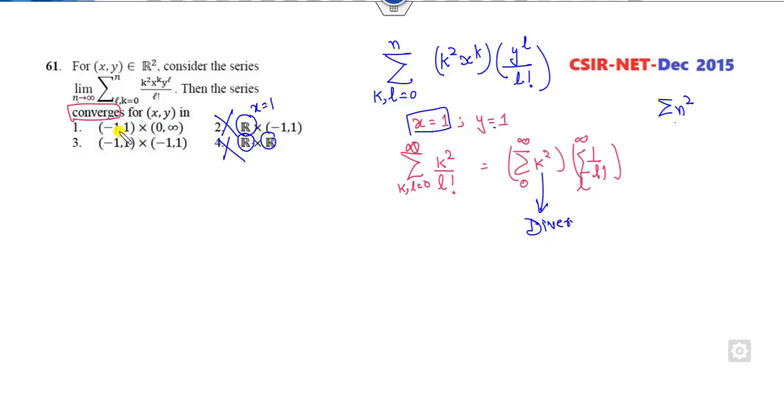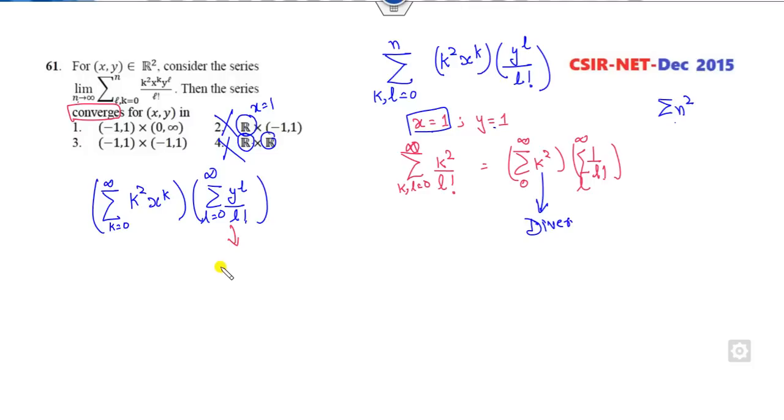Now look here. I can write this as k square x raised to power k separately, from k is equal to 0 to infinity, and y raised to power l over l factorial, l is 0 to infinity.